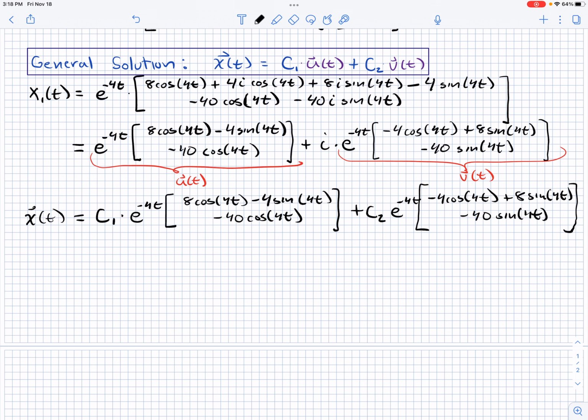We also were given initial values, and I'll remind us, y of 0 being equal to negative 628.